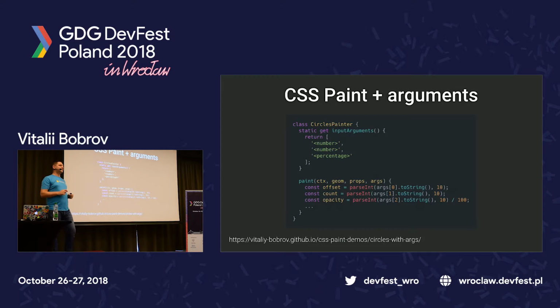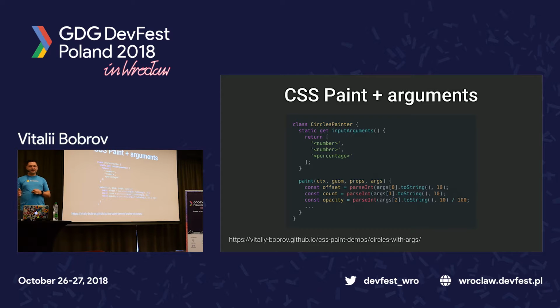It's these angle brackets with types like number, percentage, pixels, a bunch of them, but not all of them are supported yet, because it's really hard to standardize all these things. But browsers have been using these types internally for ages.